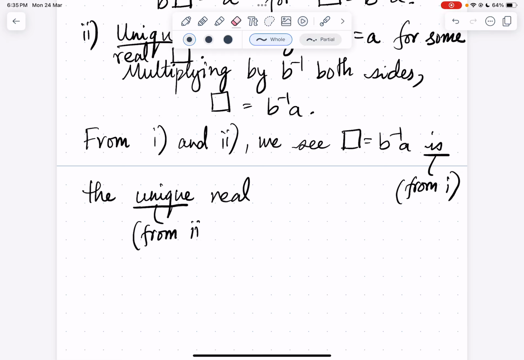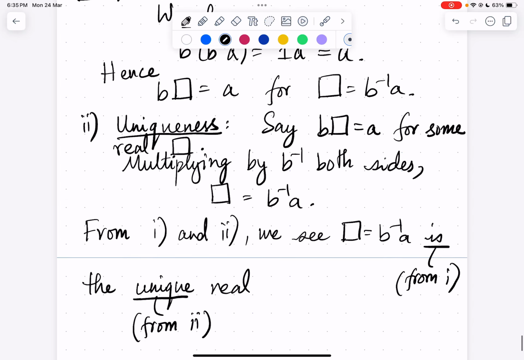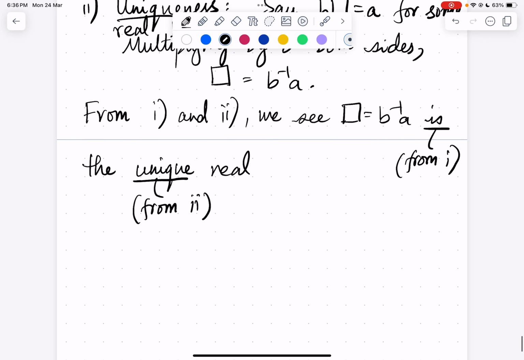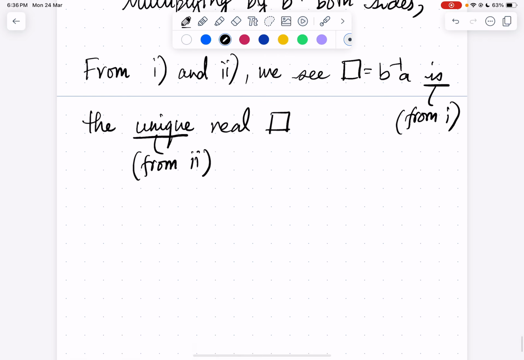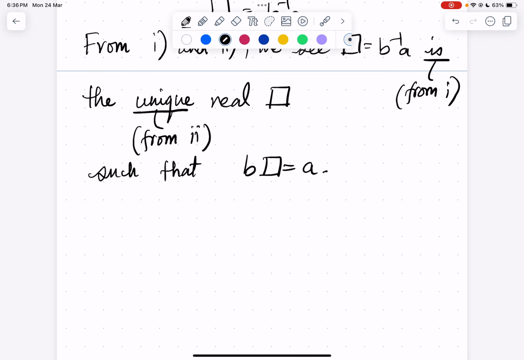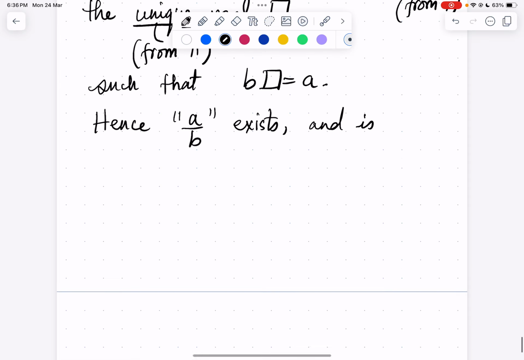So this is the unique real. Existence is from 1. Box equals b inverse a is the unique real box such that b times box equals a. So by the definition of a by b, hence a by b exists and a by b equals b inverse a.